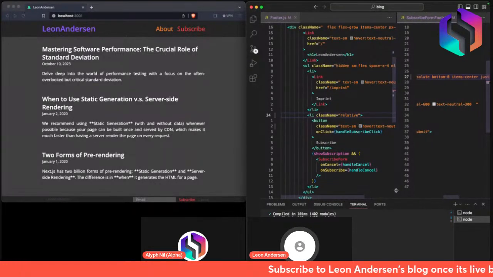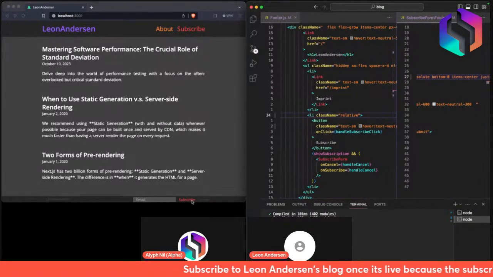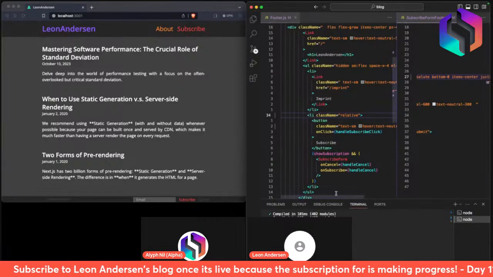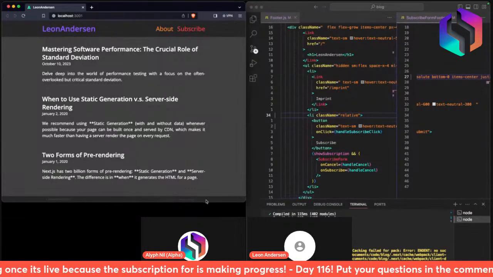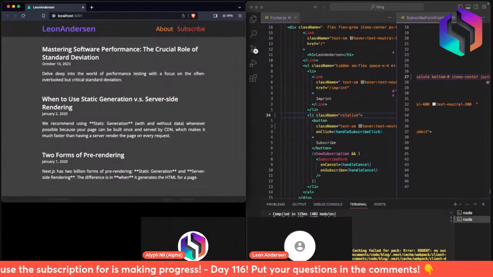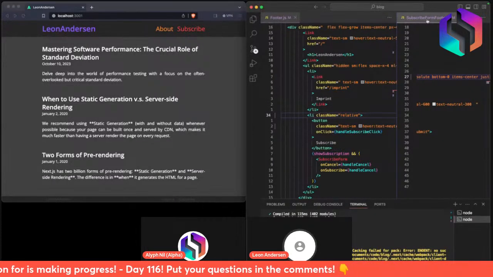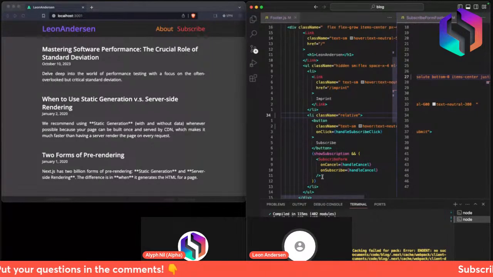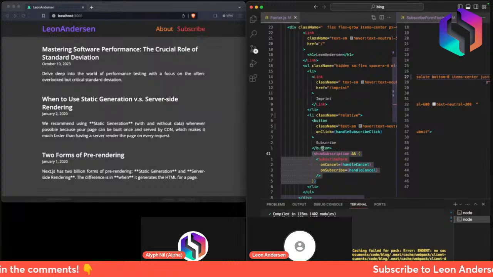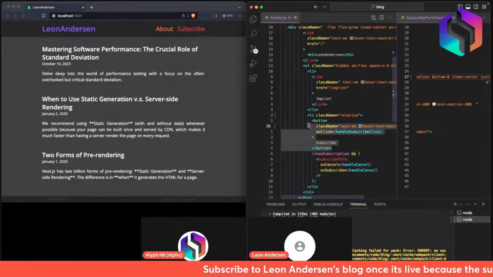Well, what did I have to do to get that? I had to make the button the relative of the subscribe form footer, basically. Unfortunately, the subscribe form is sibling to the button, not a parent.